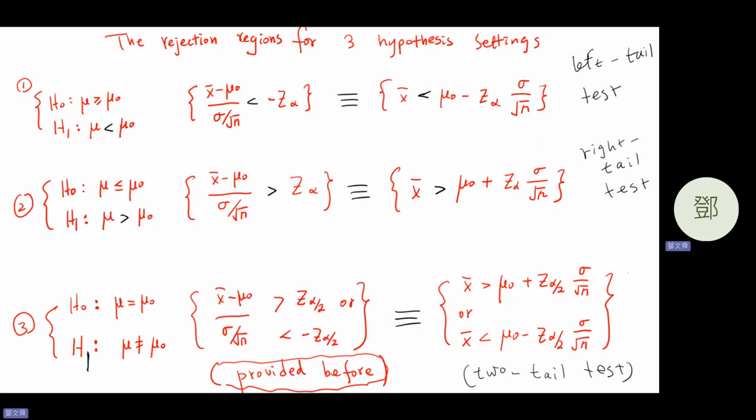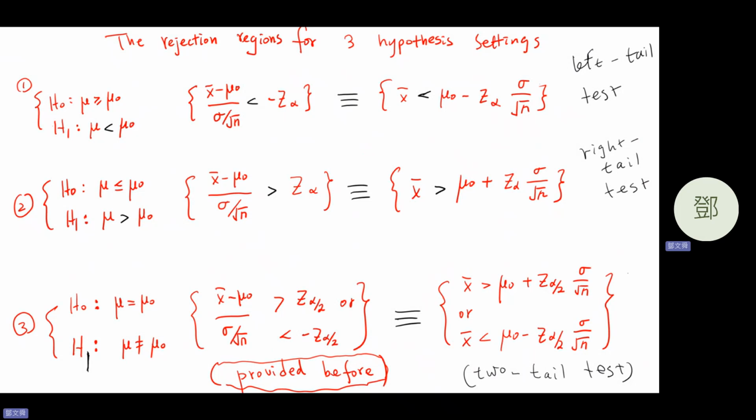So how many formulas are there in the two slides? Six. But they can be summarized into one formula. Here the direction is the same as the direction in the alternative hypothesis. When the direction changes, change the direction.